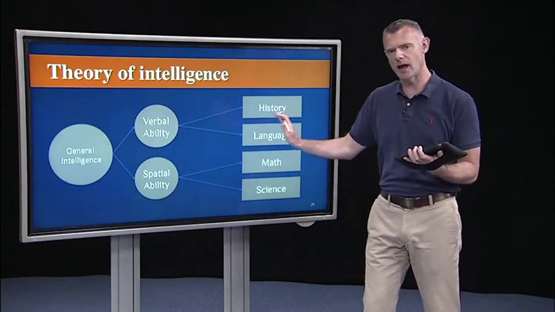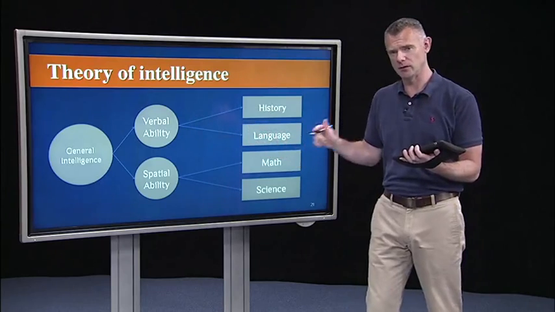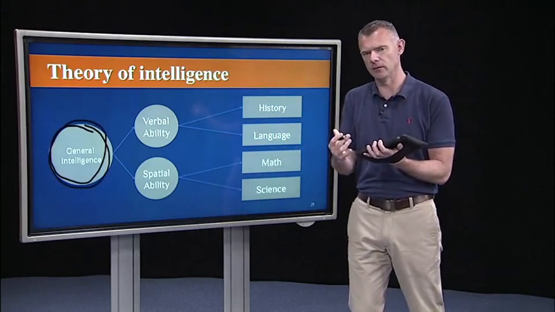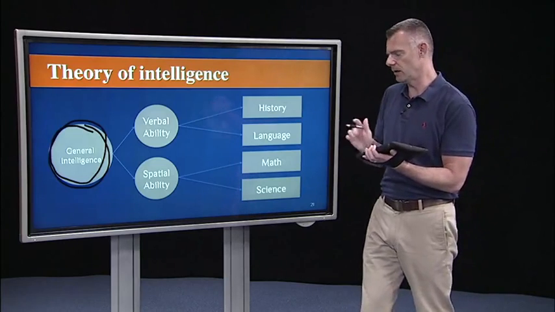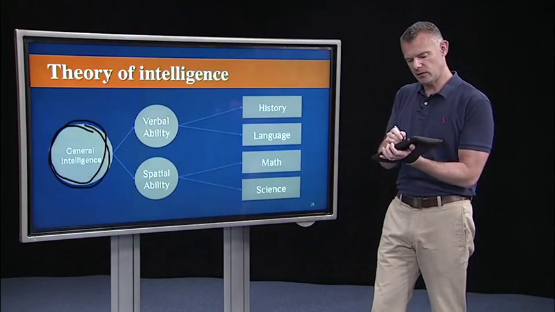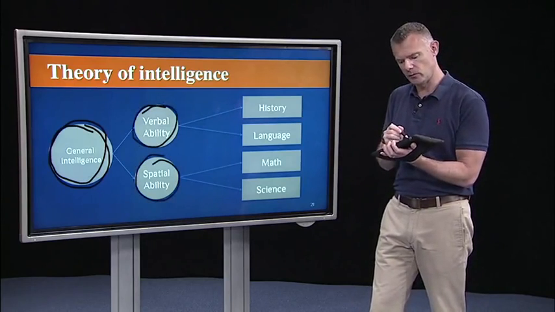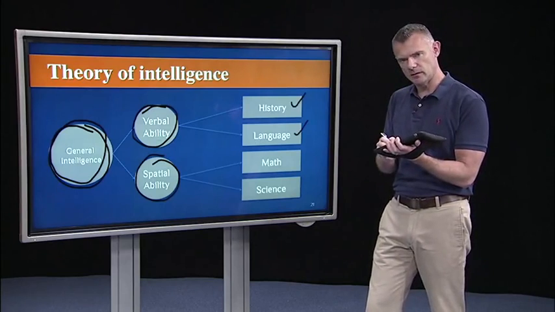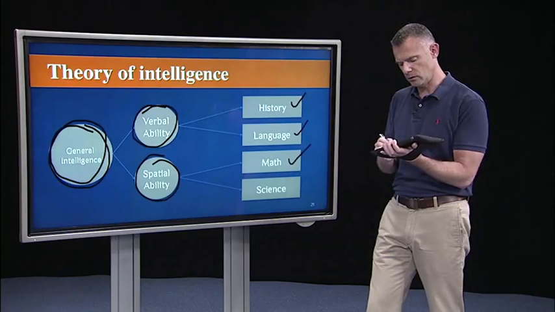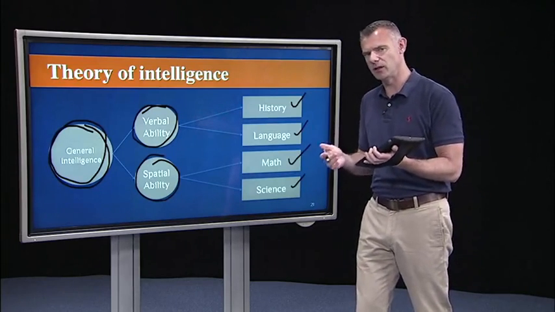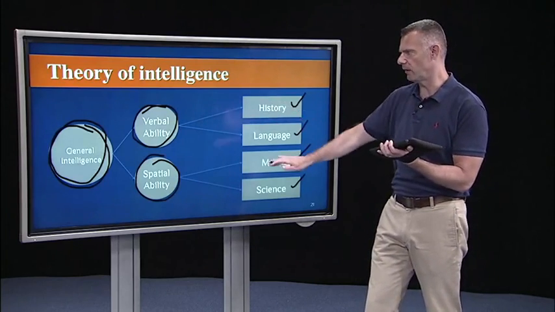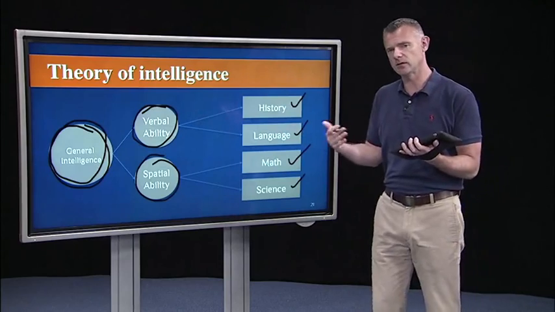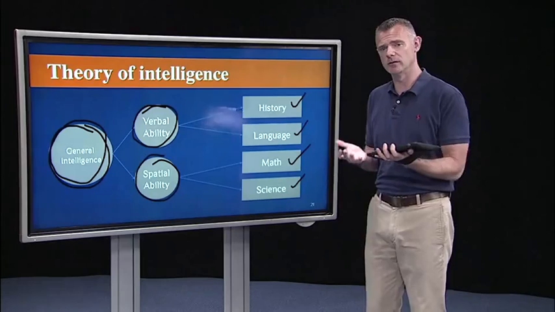This remains the most dominant model of the structure of human intelligence to this day: the idea that there's still this general intelligence, or G factor, if you've heard of that in the media, and then there are several group factors, as they're known, that predict performance in lots of different academic classrooms or different kinds of mental tests, different types of IQ tests. This is the dominant prevailing theory of intelligence, and it's supported by years and years of studies that have examined patterns of correlations.